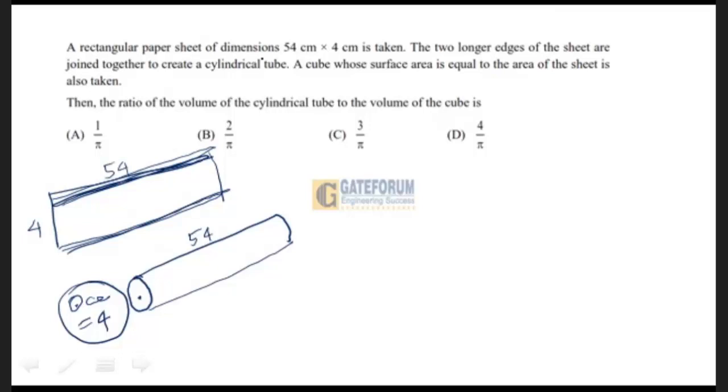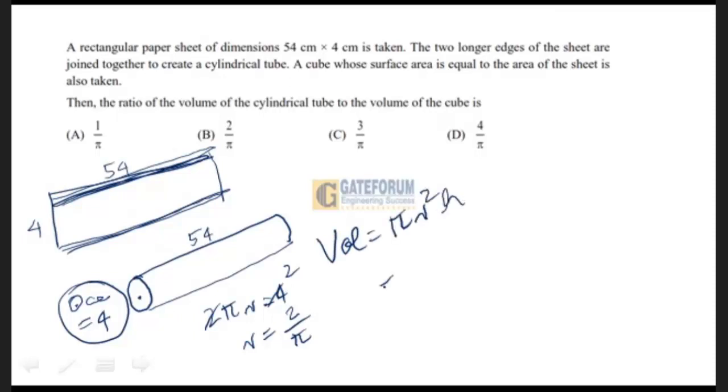Now, to find the volume of the cylinder, I need the radius. So 2 pi r must be equal to 4, or r is equal to 2 by pi. So then the volume of the cylinder would be pi r square h.